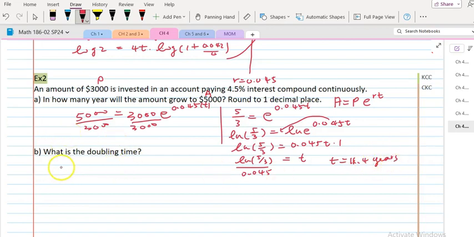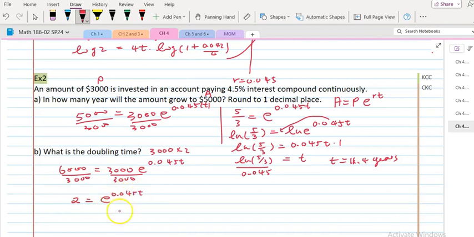So we set up the same thing. Doubling means 6,000, right? So 3,000 times 2 equal to 3,000 e to the 0.045 t. It's almost the same as this. Divided by 3,000, divided by 3,000. That's 2 equal to e to the 0.045 t.